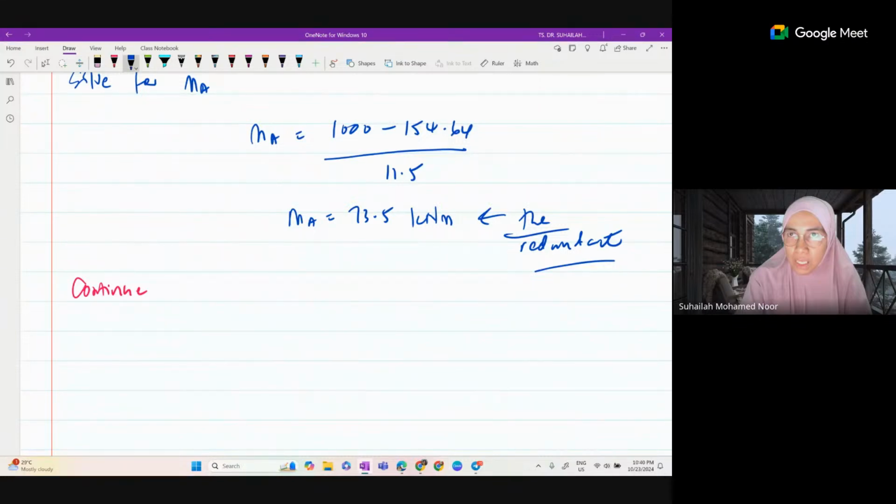Whether we want to solve it using equilibrium equation, or we can also solve the remaining reaction using superposition method, principle of superposition. And by using principle of superposition is actually easier than using equilibrium equation.